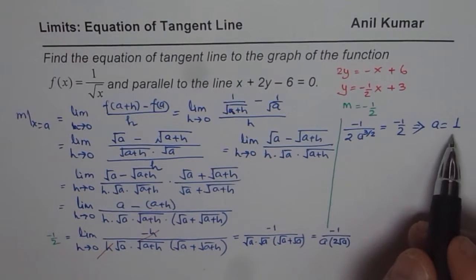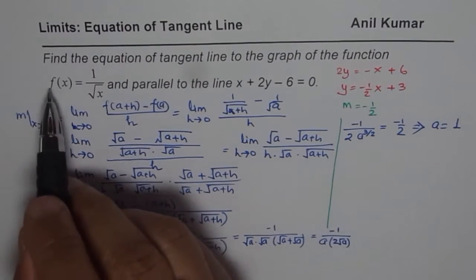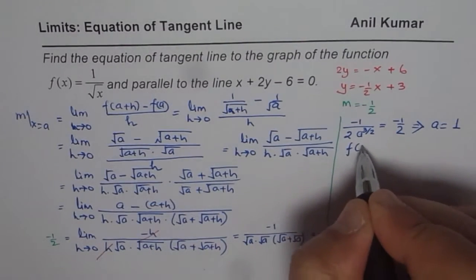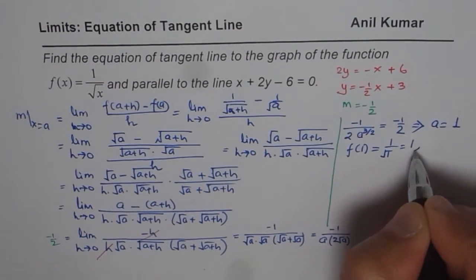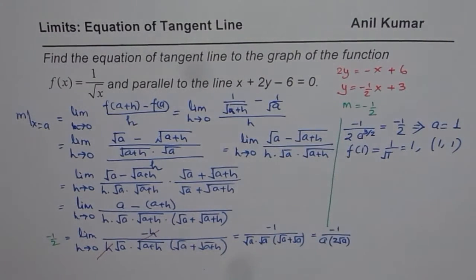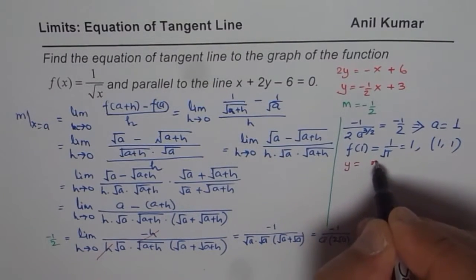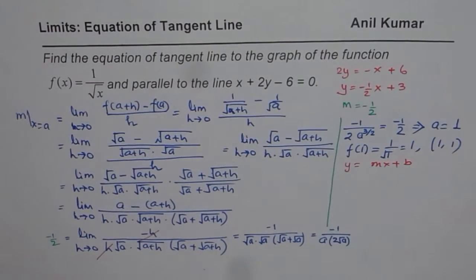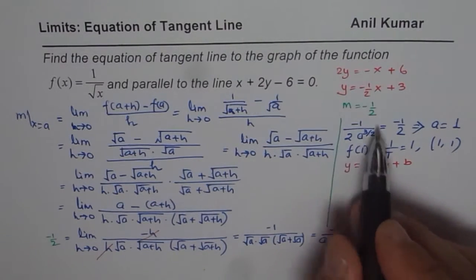Now when a is 1, what is the equation of the tangent line? At 1, the value of the function is f of 1 equals 1 over square root of 1, which is 1. Therefore the point is (1, 1). You get the idea? And the slope is minus half. Let us say the equation of the tangent line is y equals mx plus b, where y is 1, x is 1, and m is minus half.